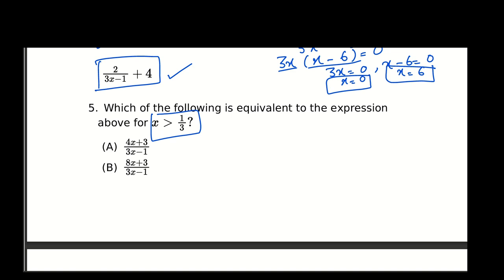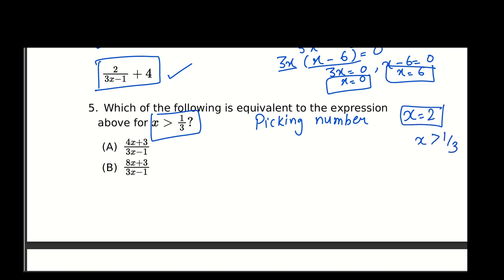So here we are going to pick any number. We are going to use the strategy of picking numbers. For x greater than 1 by 3, we can take x equal to 2. That is obviously greater than 1 by 3.